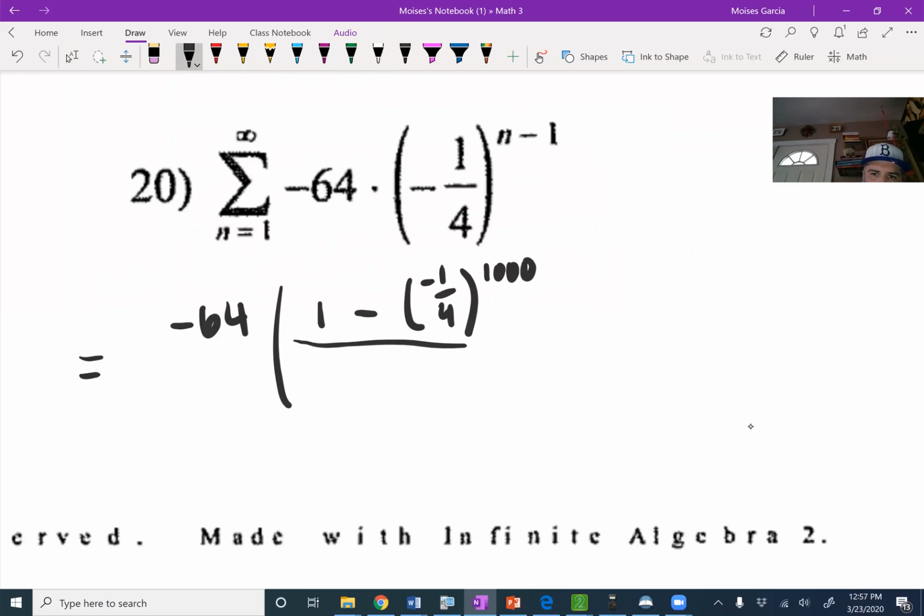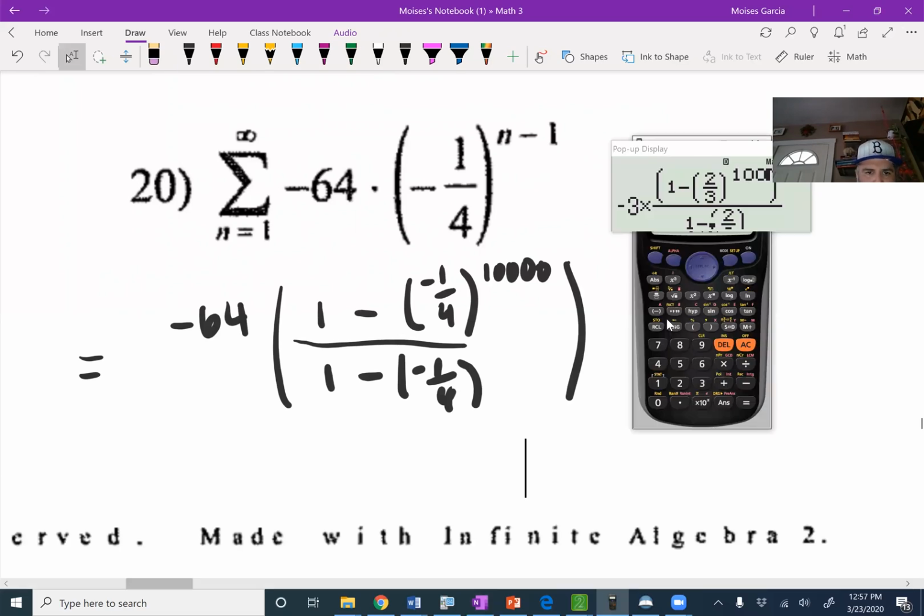So we could figure out the infinite sum here, over 1 minus -1/4. So I bet I could do it that way too.